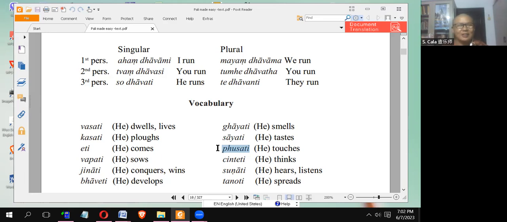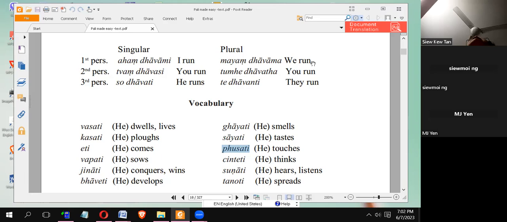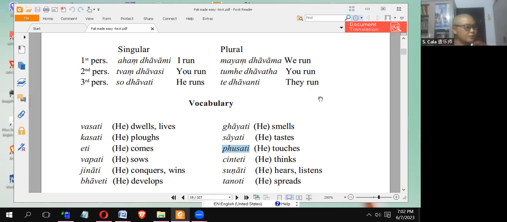Just close your eyes and recite again. So pusati, te pusanti, tuam pusasi, tumhe pusatha, aham pusami, mayam pusama. Good. All right. Okay, good.